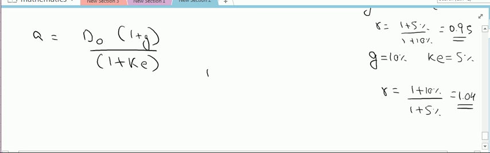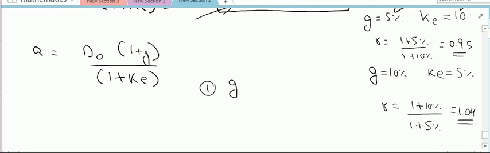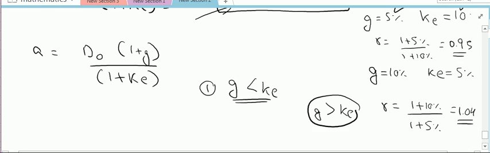So the point to note is that the dividend valuation model is only applicable if the rate of growth is less than ke, because if growth is greater than ke, there can be no sum to infinity. And if it can be applied, how do we actually apply it?